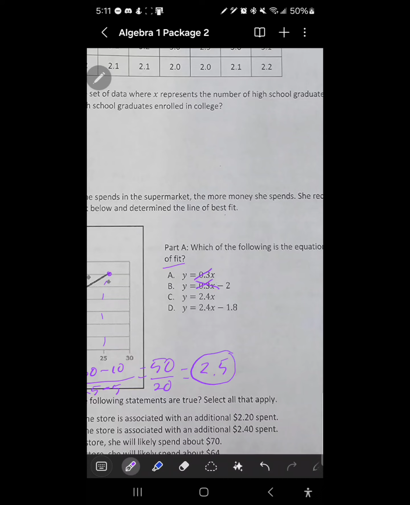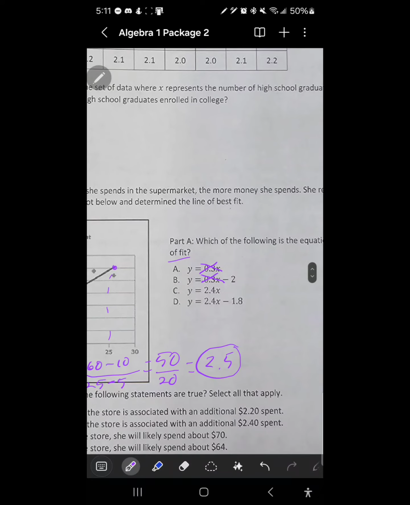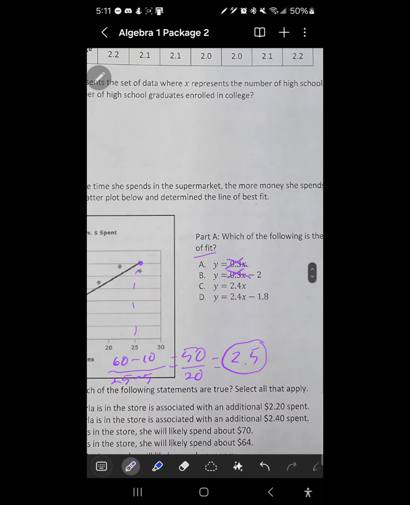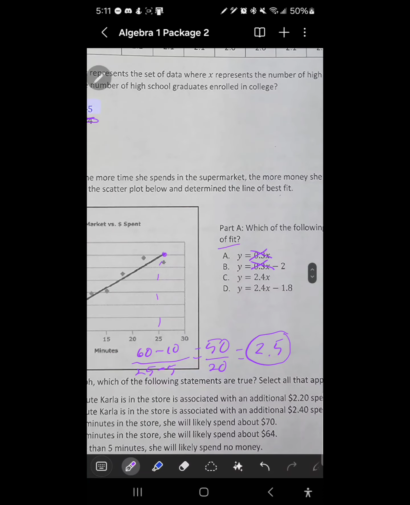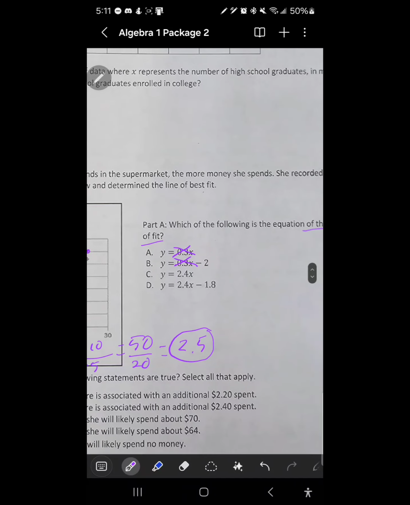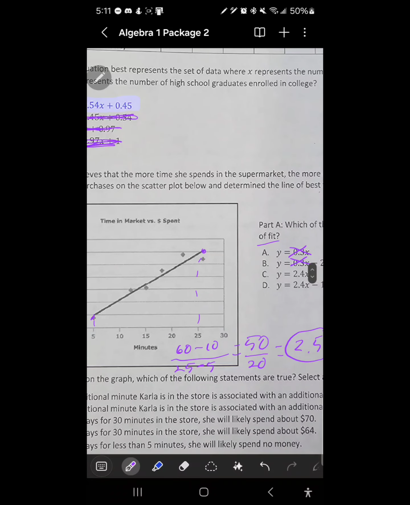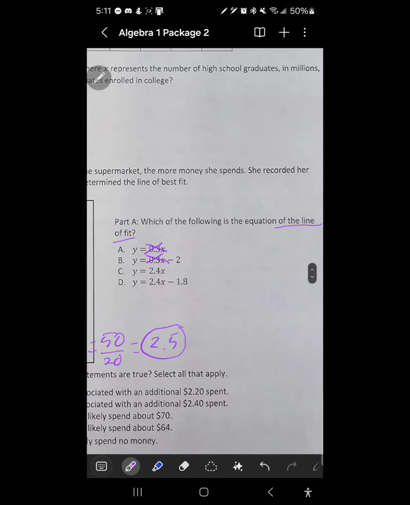And so we can get out of this one, out of this one. And we have a 2.4 slope. Now, with a point and the slope, we can actually get the equation and know the y-intercept.